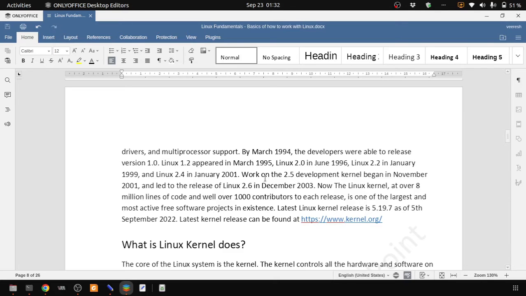Yeah. And this is the timeline. By March 1994, the developers were able to release Linux version 1.0. Linux 1.2 appeared in 1995, Linux 2.0 in June 1996, and so on.